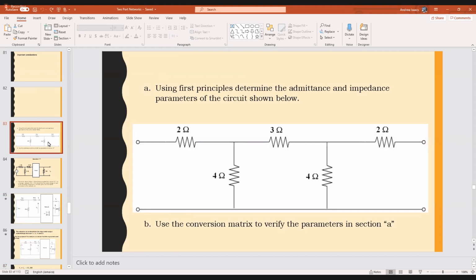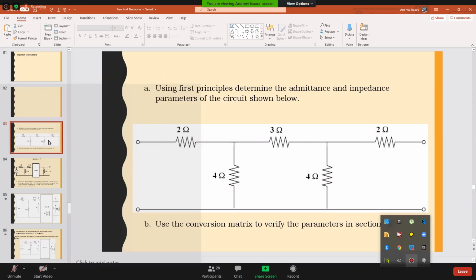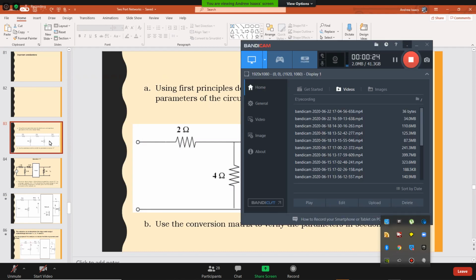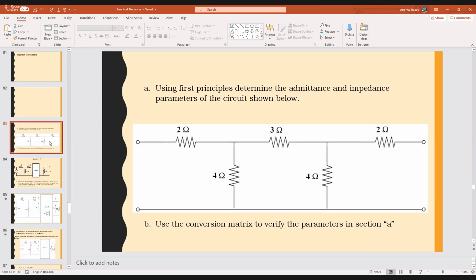Seeing that I1 will pass through the 2 ohm resistor, sir, when analyzing the circuit to find V1 over I1, should I ignore the 2 at either end and concentrate on the 4, the 3, and the other 4 ohm resistor, sir?